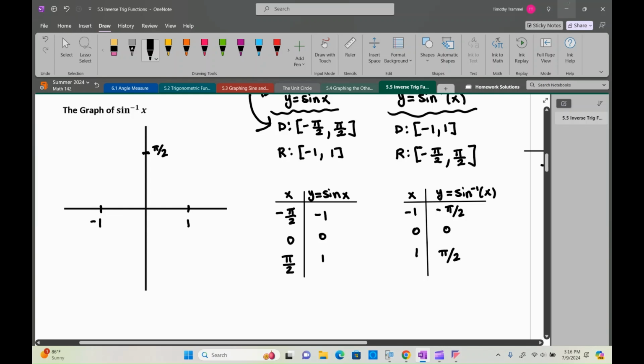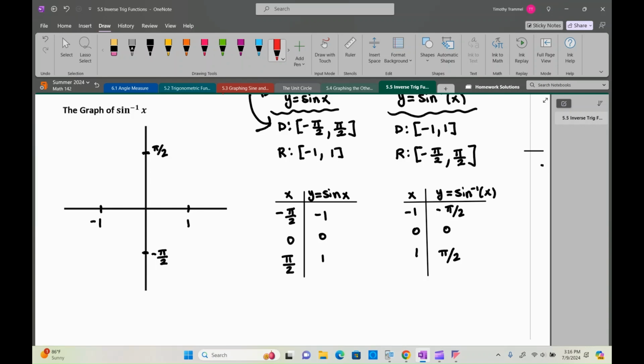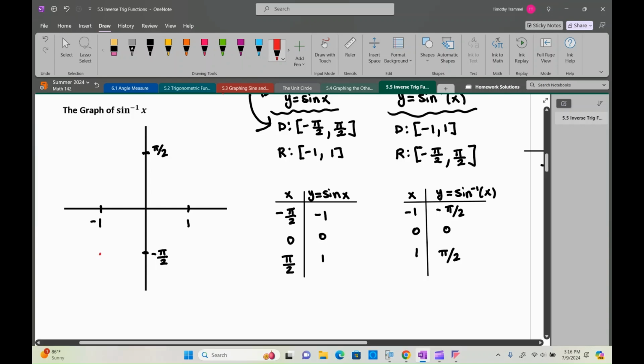And then down here, we'll put in our minus pi over 2. And we already have the values that we want to plot. We have minus 1, comma, minus pi over 2. We have 0, 0, and then we have 1, comma, pi over 2. Okay.